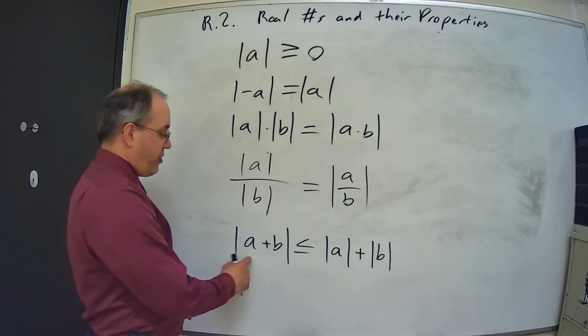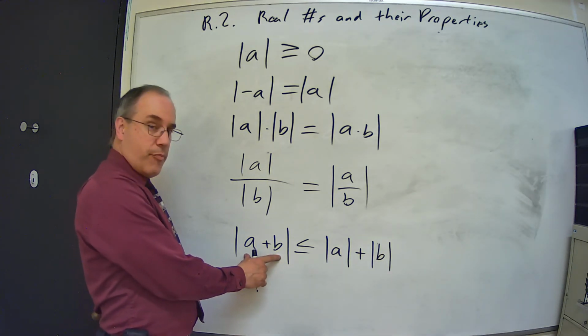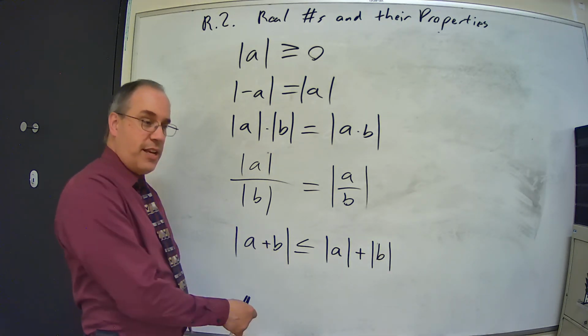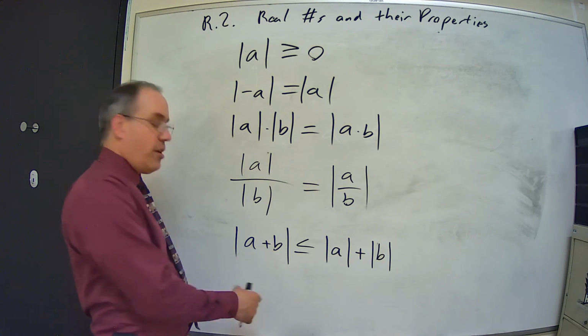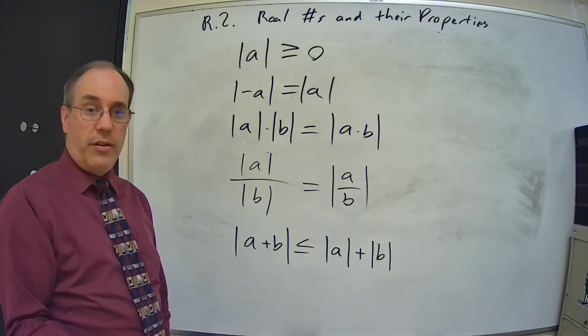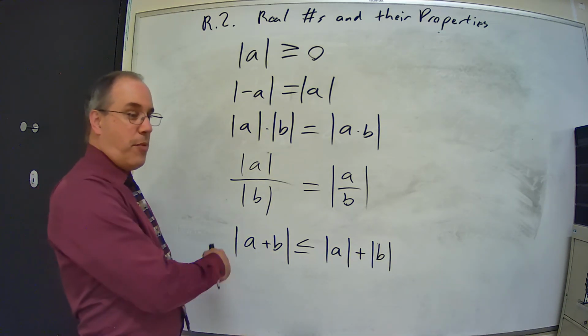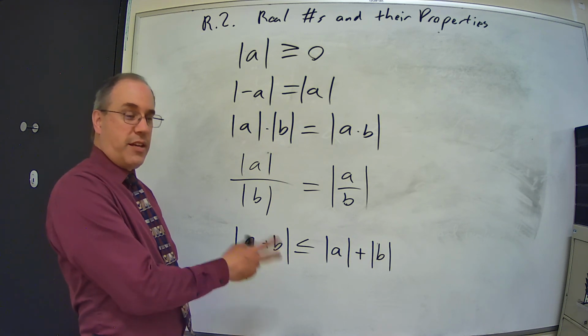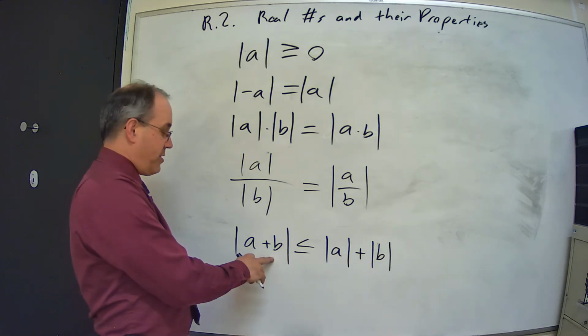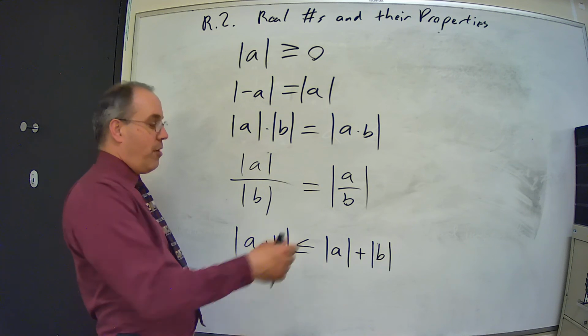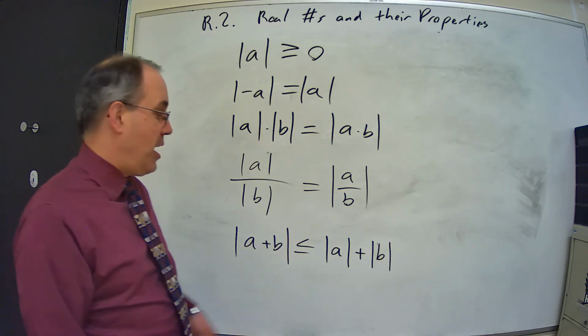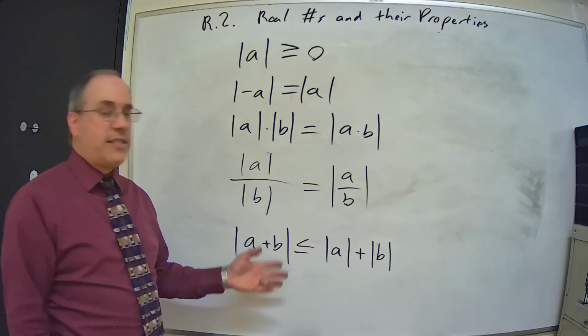If the signs are different, you're going to subtract them, and then the absolute value takes away the sign. If you subtract them, the number is going to be smaller than the sum of them, because it finds the difference. So this number is going to be smaller than the sum of the absolute values of A and B. Therefore, it could be less than or equal to.